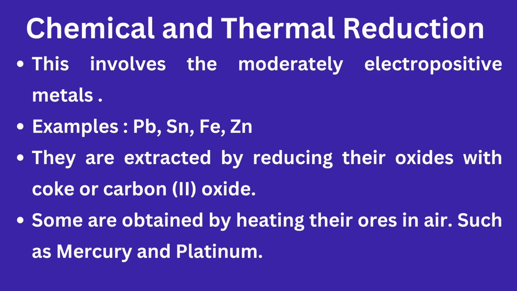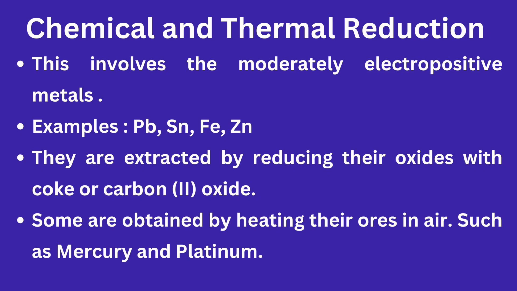Also platinum, maybe you want to extract platinum from a particular ore of platinum, for example, ammonium hexachloroplatinate(IV). If I want to extract platinum from that particular combined state, I would have to heat this particular compound, and then it will reduce that compound to platinum.